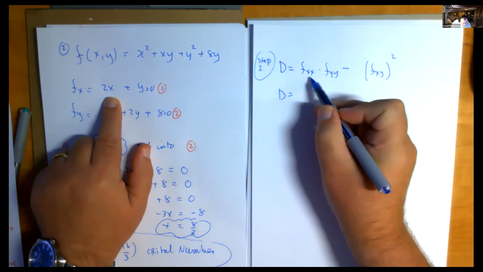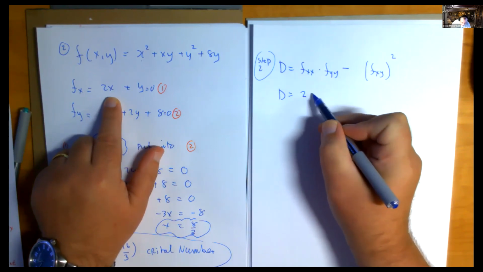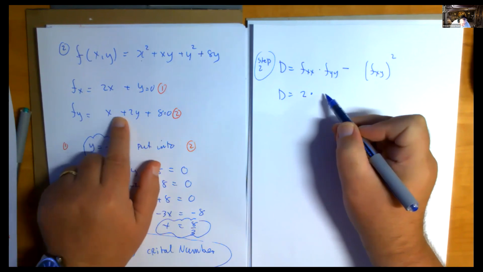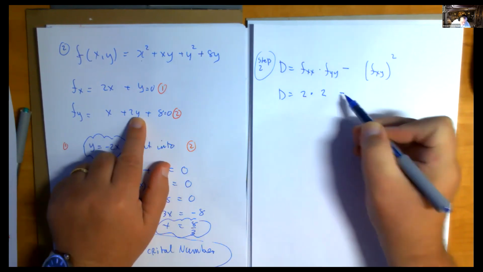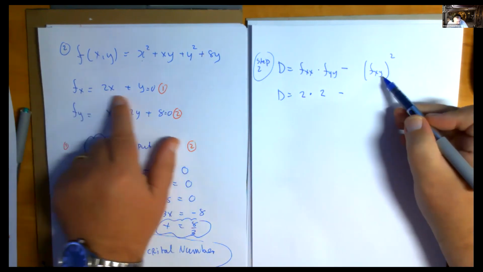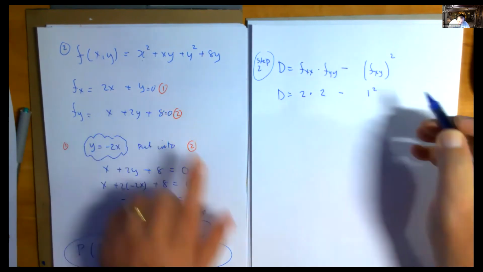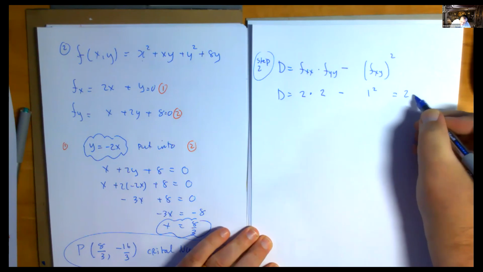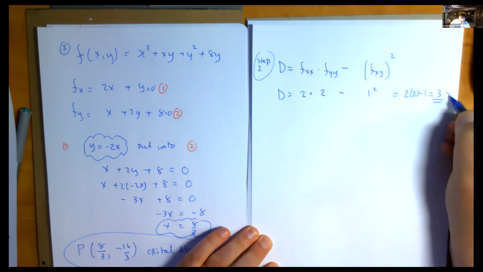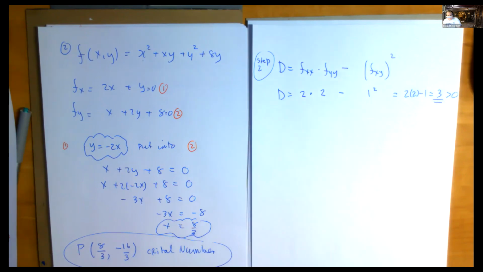The second derivative with respect to x is 2. The second derivative with respect to y is also 2. If you take this guy and differentiate it with respect to y, you get 1 squared. Would you agree that in this case you get 3? Would you agree it's positive?